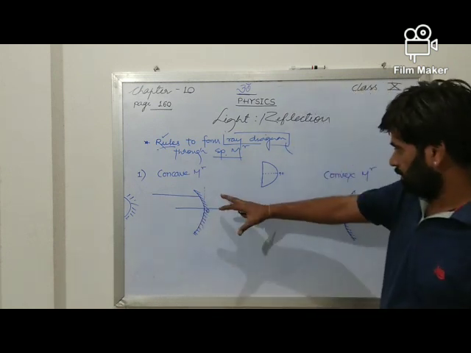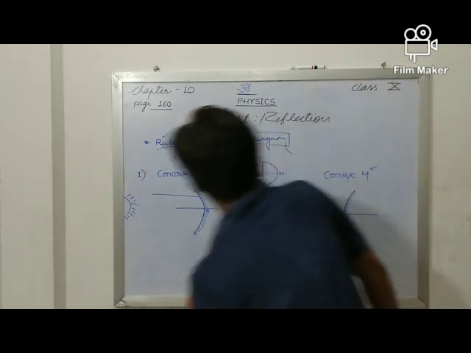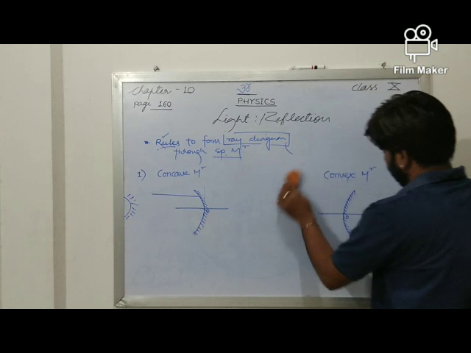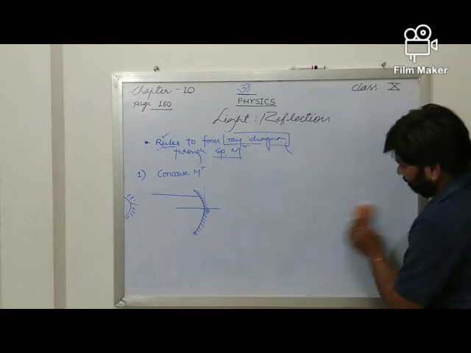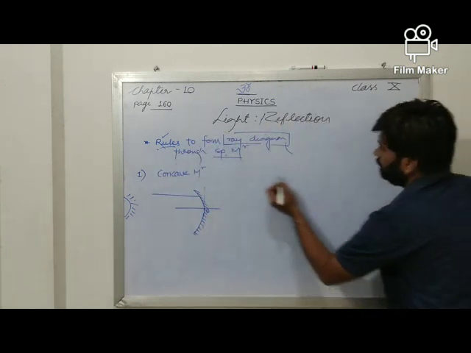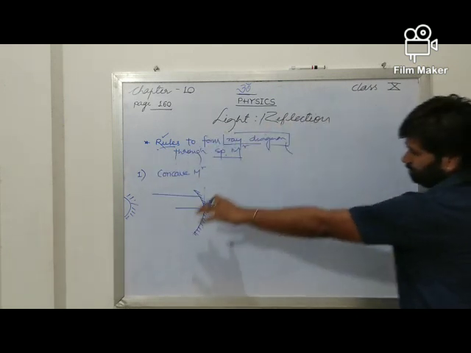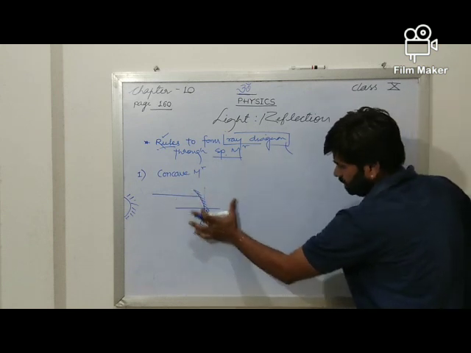Now see, before that, let me give you the basic idea of what the different parts of that particular one will be. Leave it here, just to see how to draw such type of mirror.